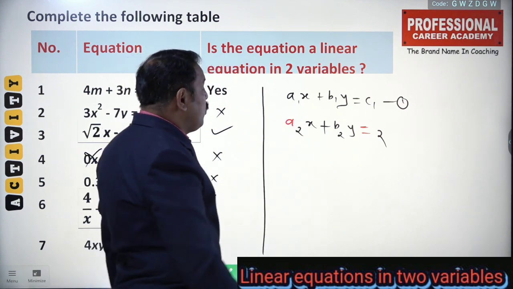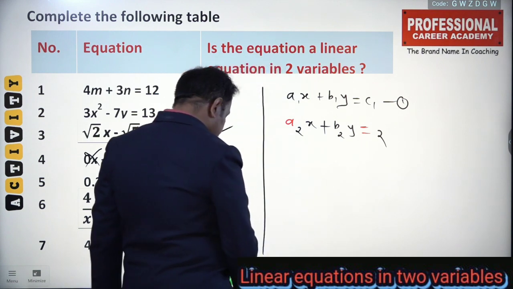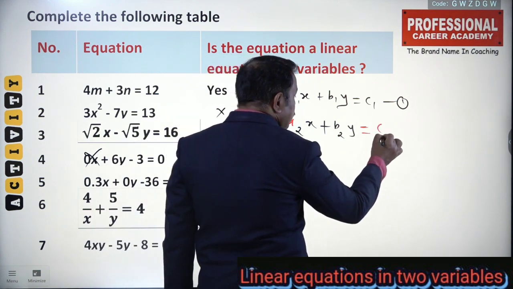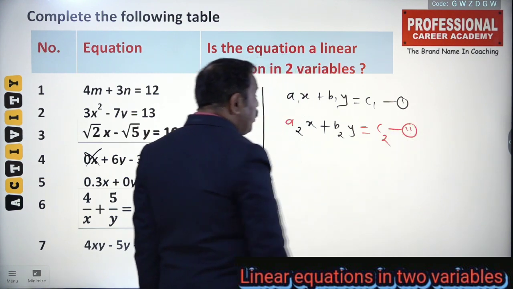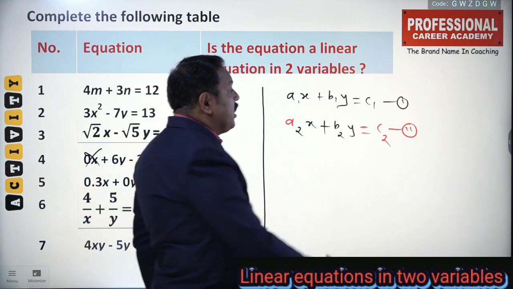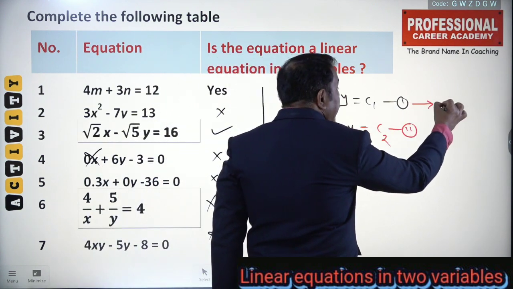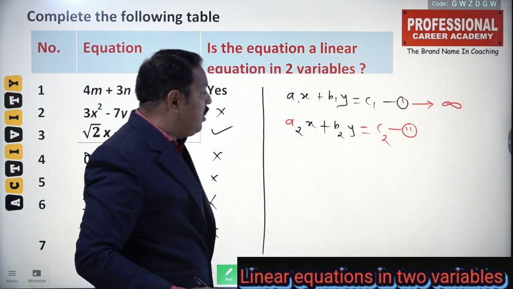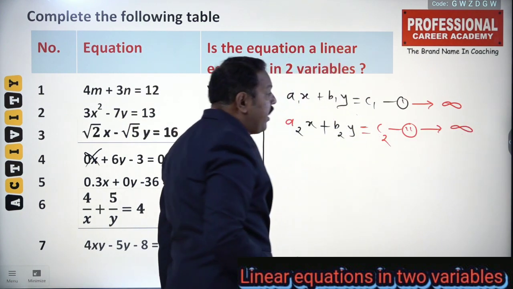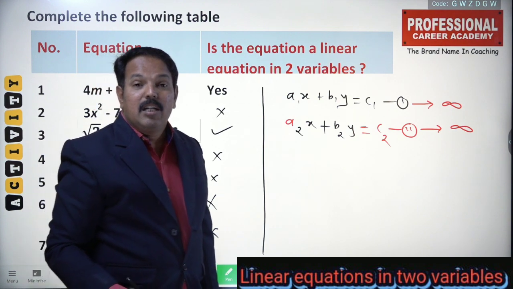That is equation number 2. If we solve the first equation, we get how many solutions? There are an infinite number of solutions. If we solve the second equation, how many solutions are there? There are also an infinite number of solutions.